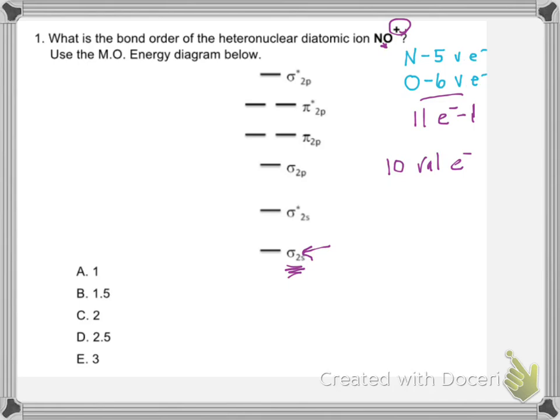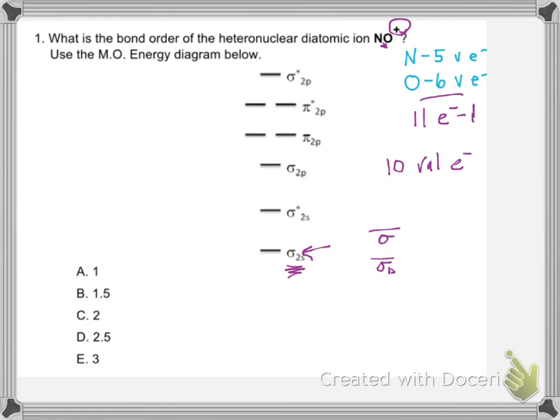Just make sure that since this is a second period molecule, we're starting with sigma 2s. Oftentimes, on our data sheet, there are molecular orbitals for sigma 1s and sigma star 1s. But remember, bonding involves valence electrons and orbitals, so we're not going to look at those.